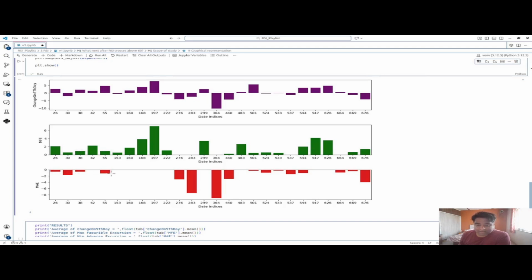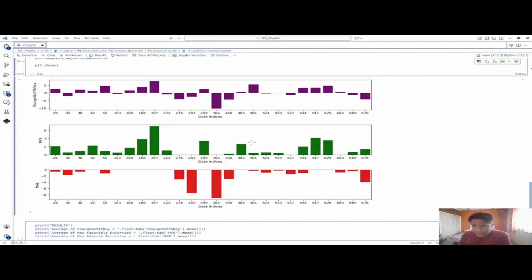These candles are red. Downward movement is pretty much low, except these two. We can treat these two as outliers. If we remove these, the mean will be much lower. Okay, so you can see that.